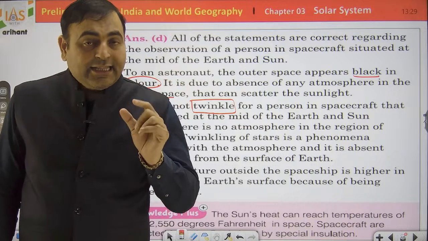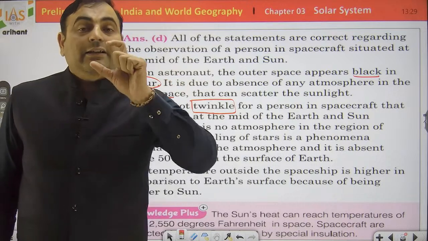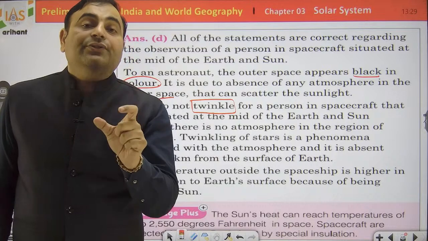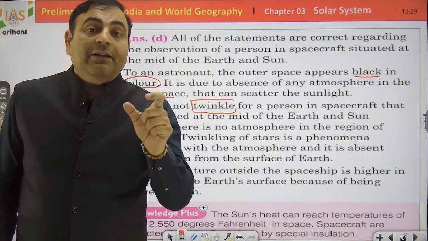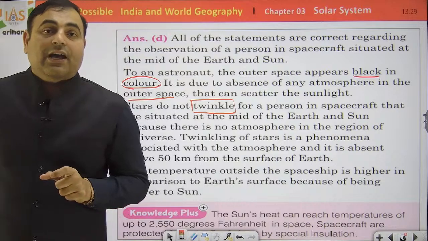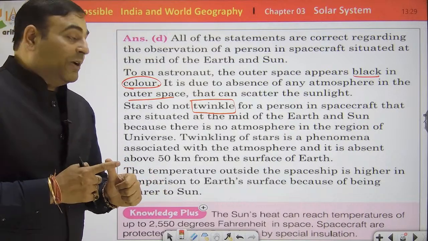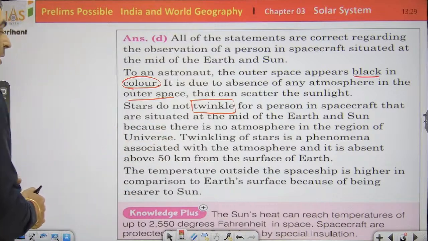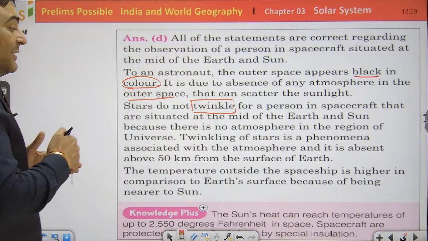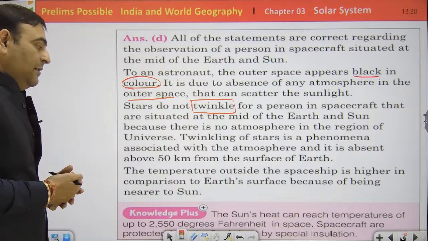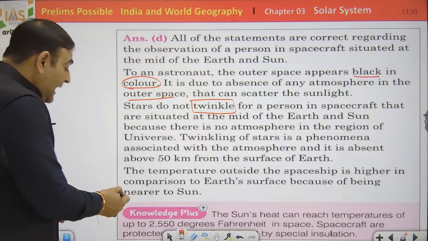It means the density of the atmosphere causes the phenomenon of twinkling in the stars. No atmosphere, no twinkling. Third point, the temperature outside the spaceship is higher because of being nearer to the sun.